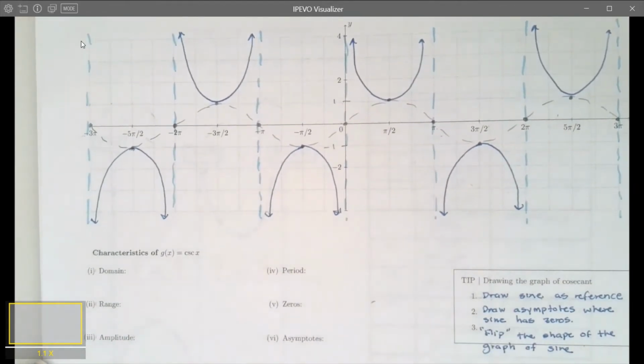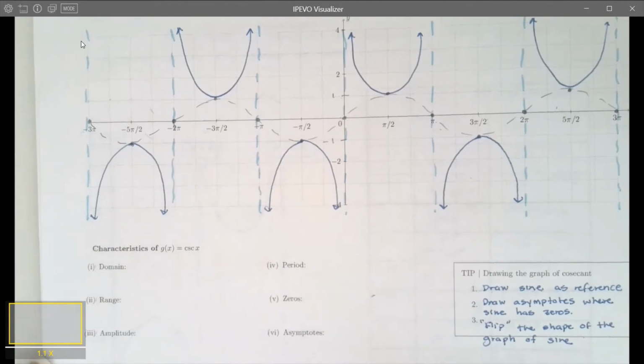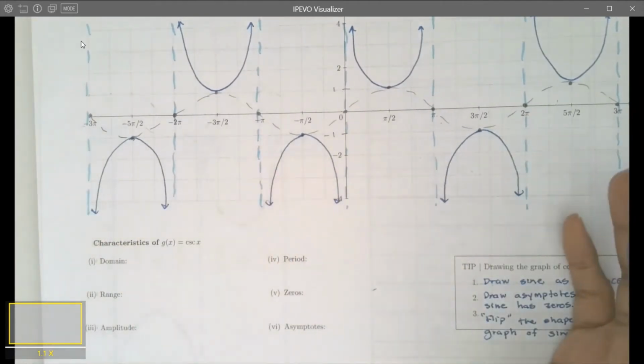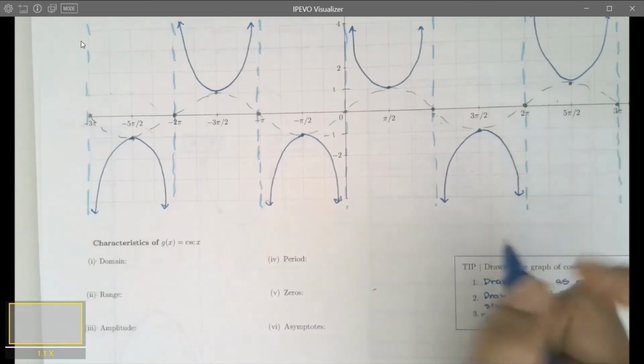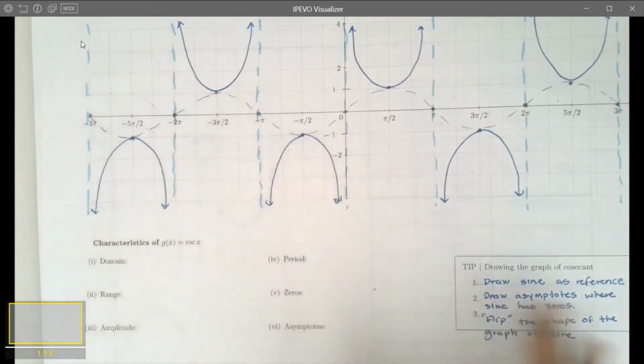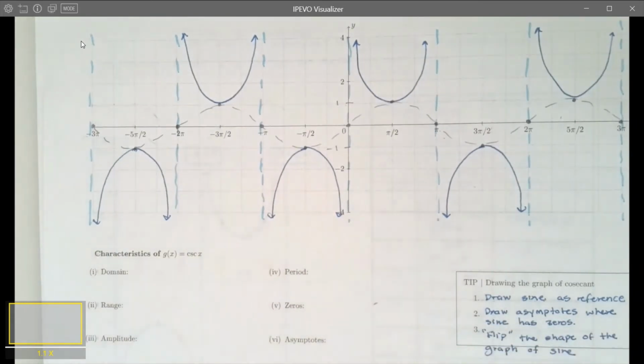Okay, so what are the characteristics of cosecant now? Well, as far as a domain, we have to place restrictions because there are places where cosecant is undefined and we don't ever want to have x values that cause undefined y values as part of our domain.